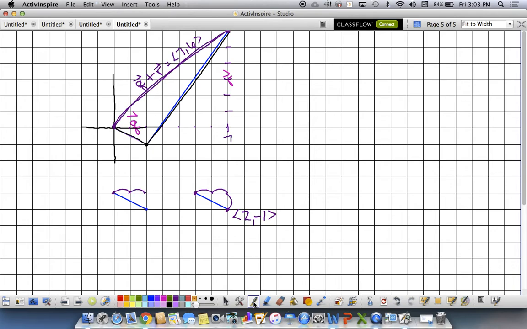These two vectors that I just put up here both have components of 2, negative 1. Sorry for that extra little line. They are the same, or they're equal vectors.